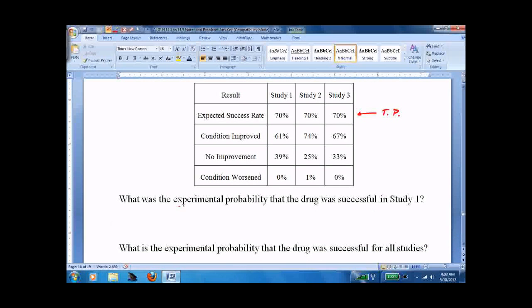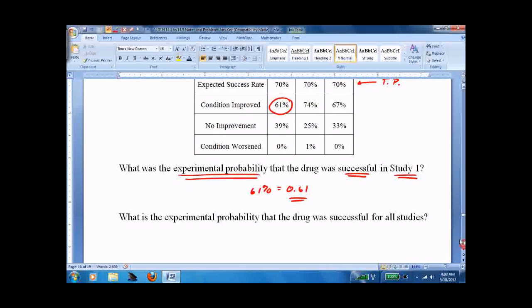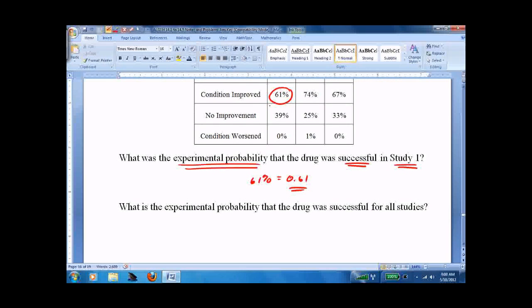What's the experimental probability in study 1 that it actually was successful? So we just look up here and we say right here, 61% or 0.61. The theoretical was 70. So those numbers are not that different, but clearly those aren't the same. If we had to take all 3, we'd have to average them.